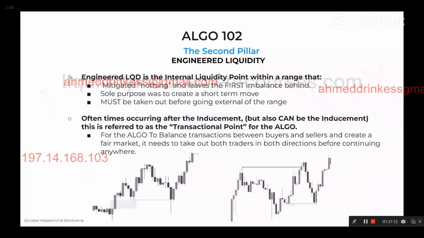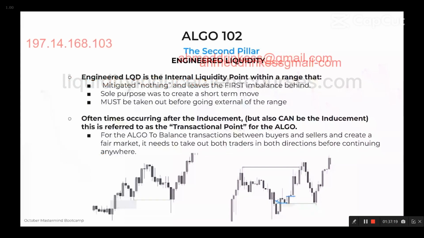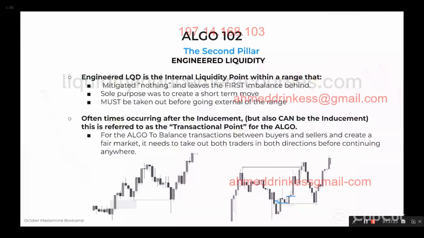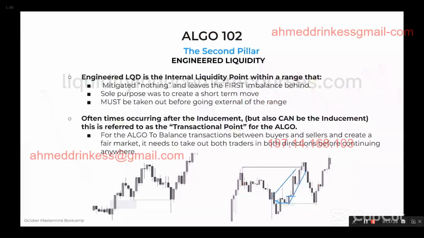We see it's right here. This did not mitigate anything to the left. Order flow started establishing mitigation after it. So that tells us this whole move is unsupported. Even though it goes up, it's buying, it's short term.